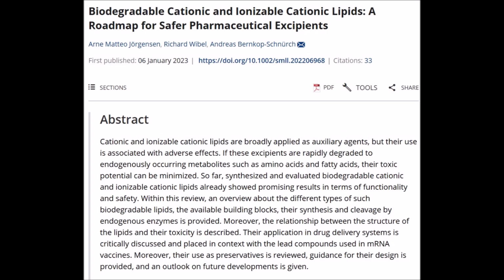And what about biodegradation? Quote from Jorgensen et al.: Tertiary amines are a vital part of the ionizable cationic lipids used for mRNA vaccines. However, they are neither synthesized from endogenous or natural structures, nor are they degraded into typical biocompatible building blocks. The cleavage of fatty acids from currently used ionizable cationic lipids renders these auxiliary agents per definition biodegradable.